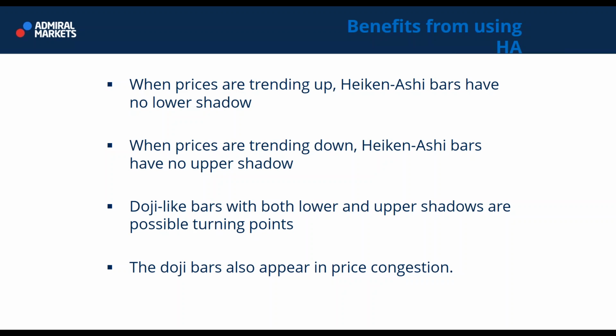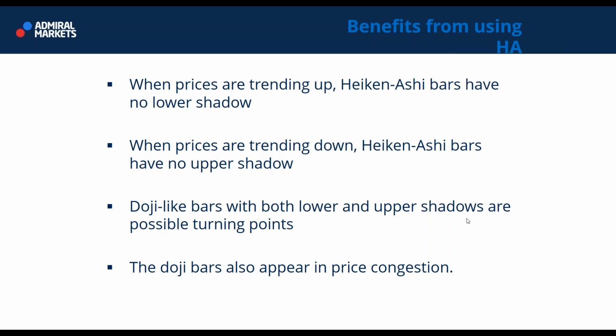Also, when prices are trending up, Heiken Ashi bars have no lower shadow. So it's easier to see how the trend is moving on Heiken Ashi charts, much easier than traditional candlesticks. Okay? When prices are trending down, Heiken Ashi bars have no upper shadow.